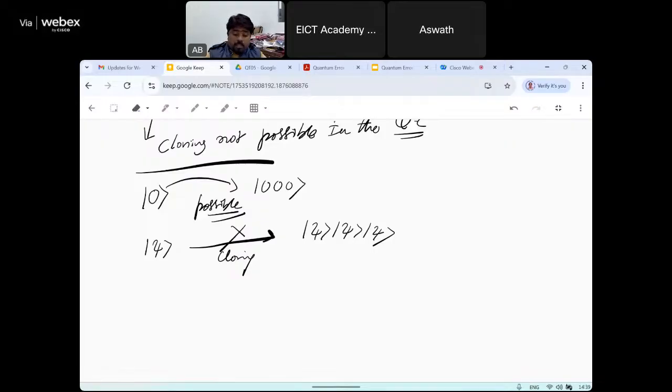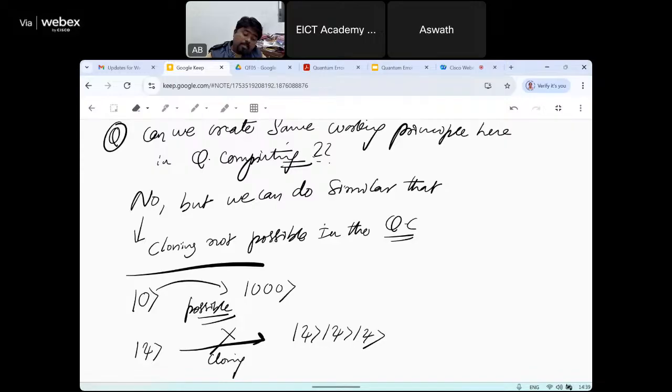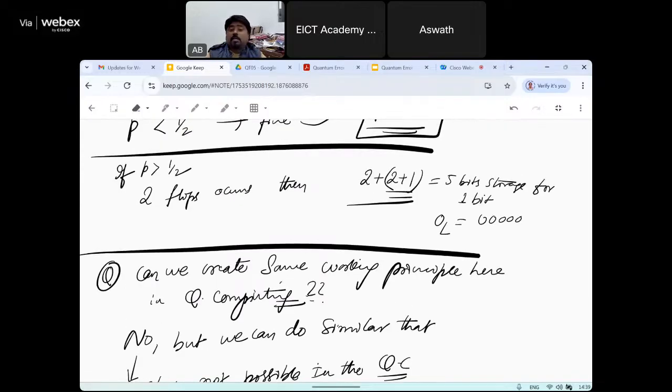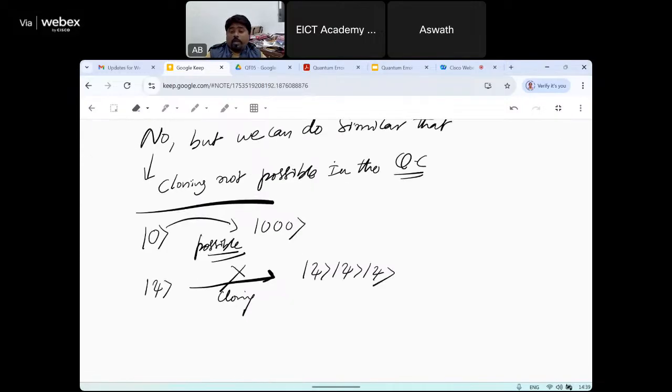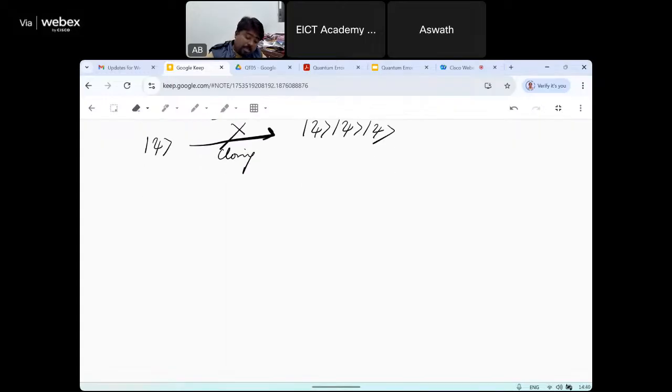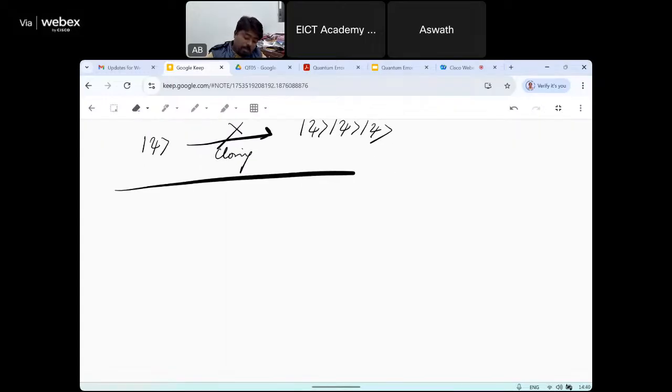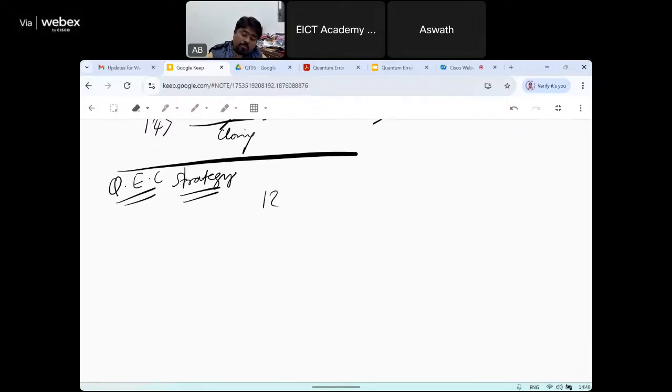Let's do something by taking inspiration from classical error correction. Let me show you the quantum error correction strategy. Let's say I have a quantum state psi equal to alpha 0 plus beta 1.